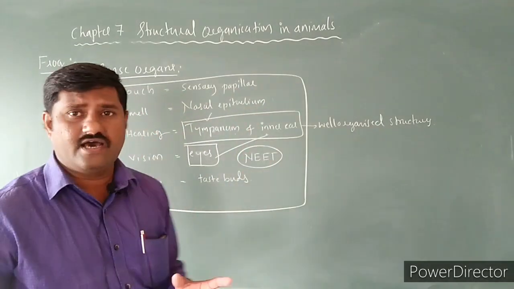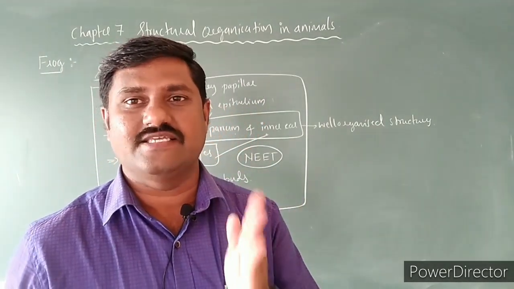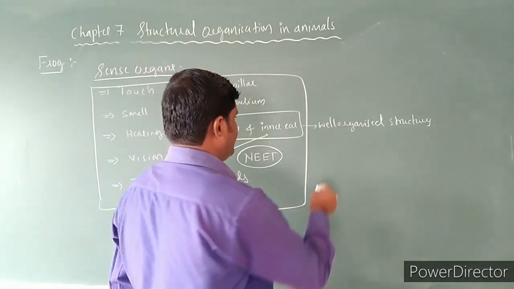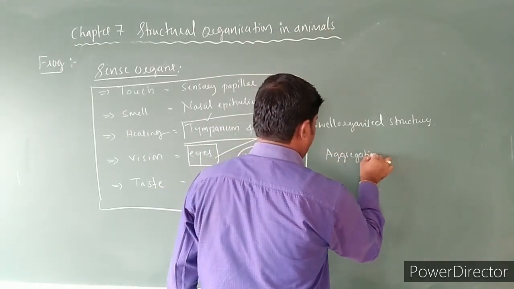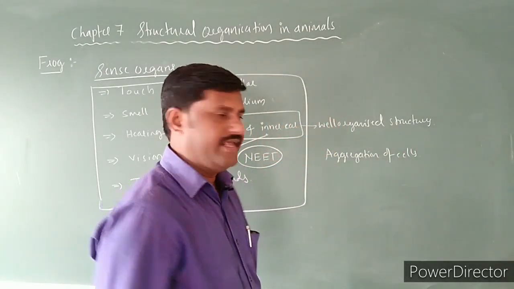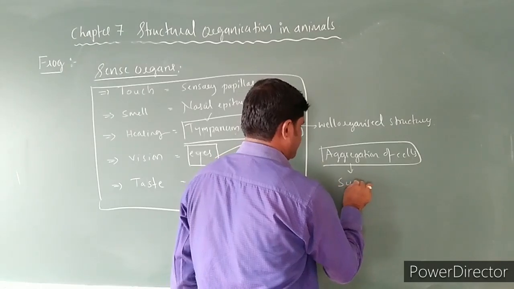All others are just aggregations of cells. They are not so well developed as in human beings, so they are nothing but aggregations of cells that you come across, surrounding the nerves.